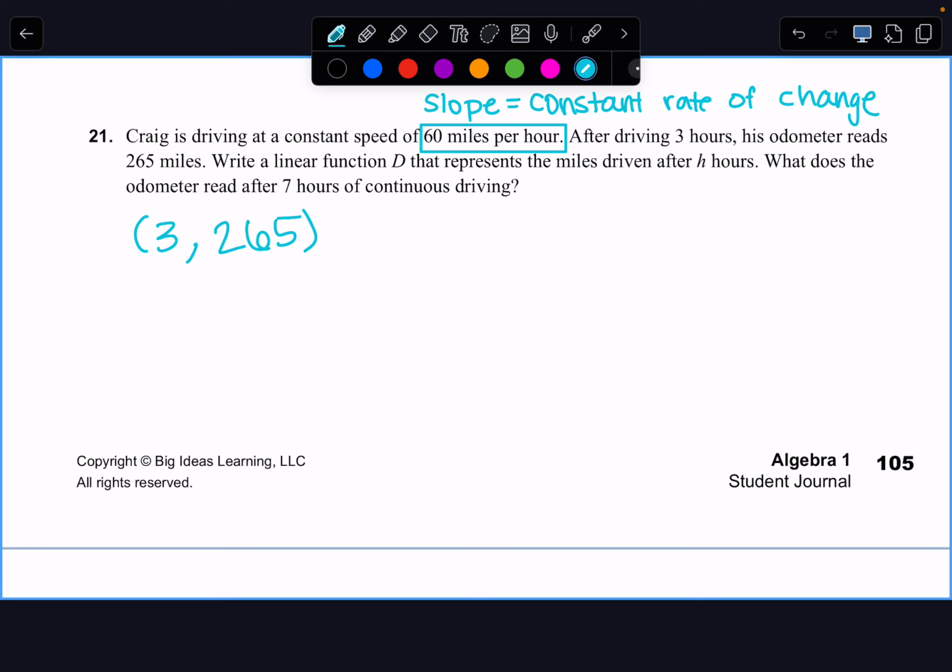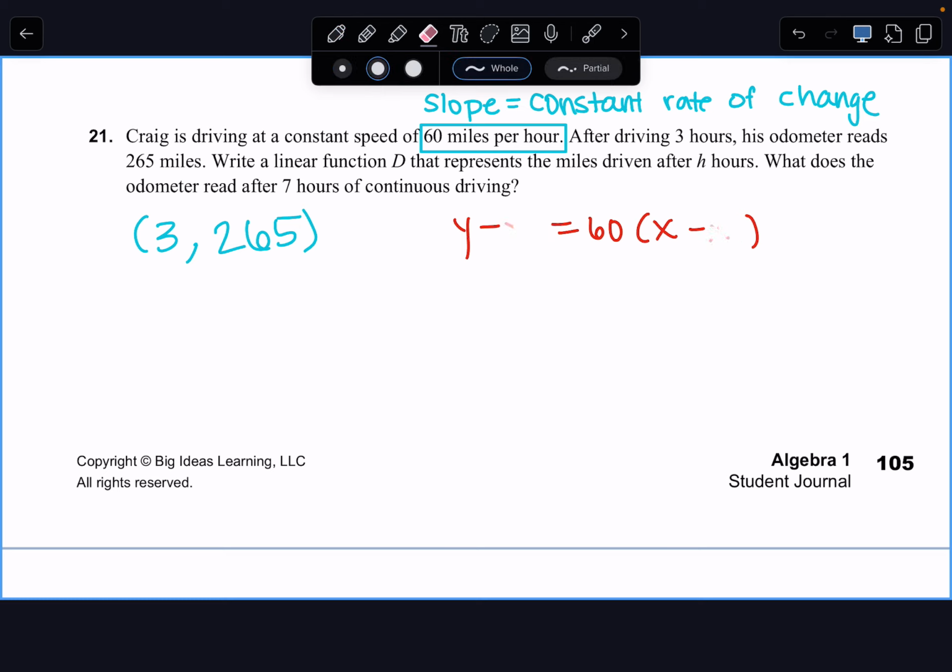Okay. So, hey, look. We have slope, and we have a point. If we have a point and we have slope, can we write the equation of a line? Yeah, let's do it. Y minus y1 equals slope times x minus x1. Our slope we decided was our 60 miles per hour.